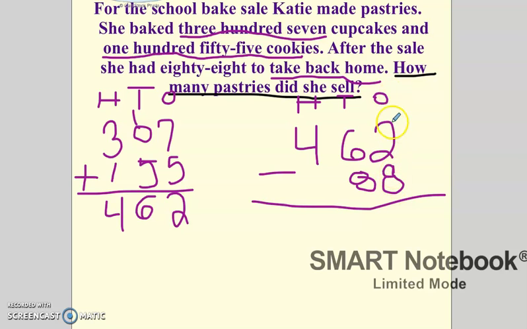Is there more on top or more on the floor? If you said more on the floor, what do we do? We go next door and get 10 more. Let's do it. We cross out our 6 and it becomes a 5. And we get 10 more, and we put our 1 right here. 12 minus 8 is what, my friends?